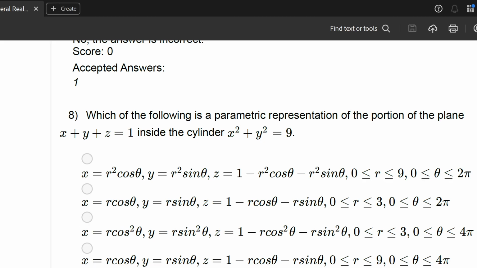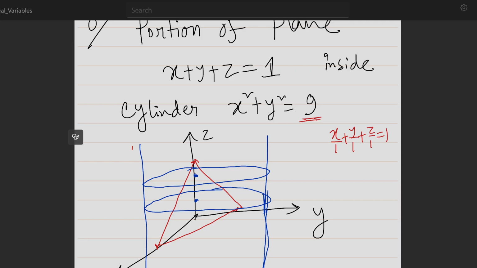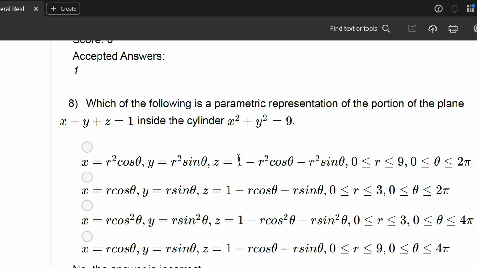First, let me show you the question again: which of the following is a parametric representation of the portion of the plane? The answer options are given, but let me go one by one. You have to tell the parametric representation of the portion of the plane inside the cylinder. As you saw in the picture, first of all, what will you parameterize, the plane or the cylinder?